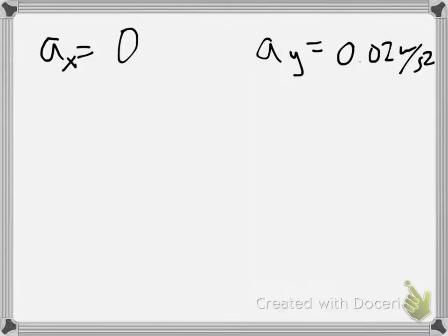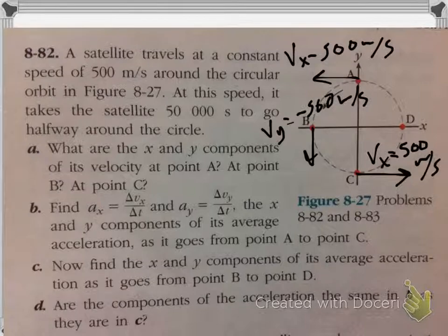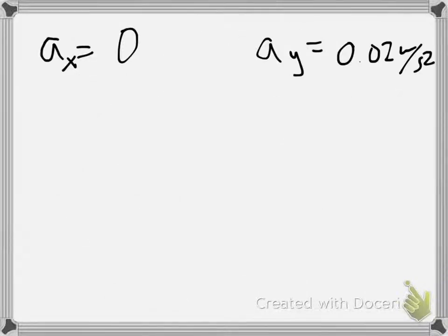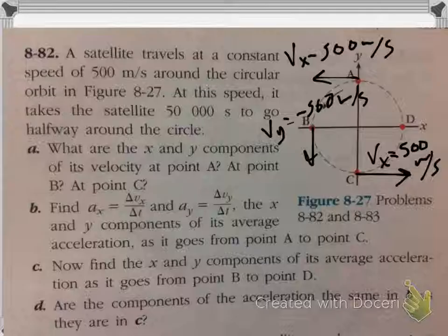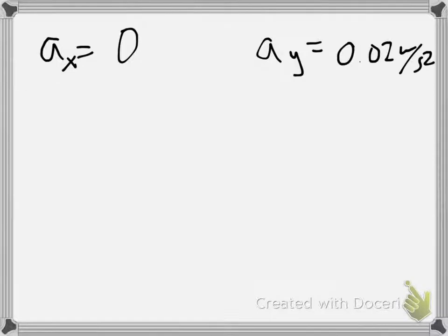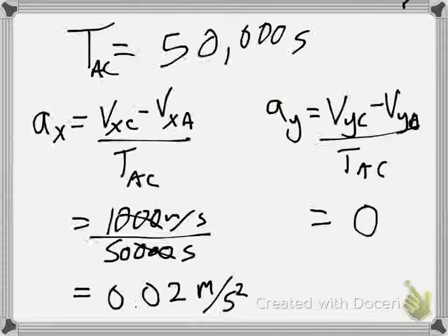If we're talking about the acceleration in the radial direction, then are the components of the acceleration the same? No, right? Which points? B and C.